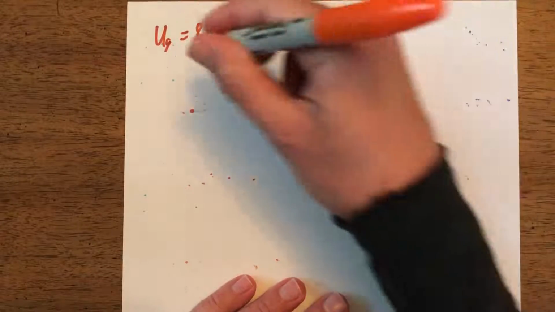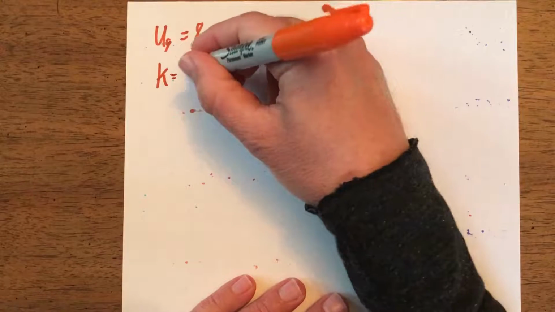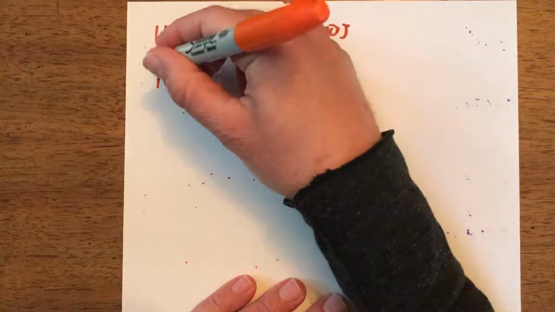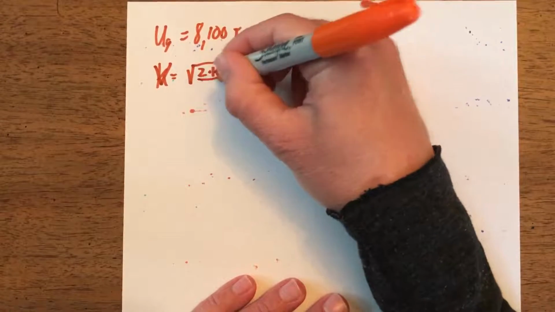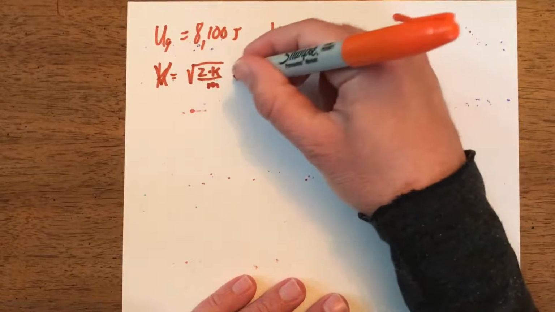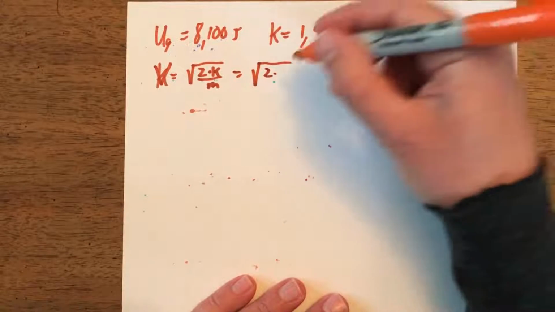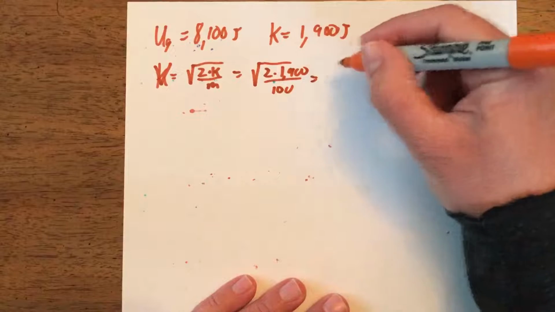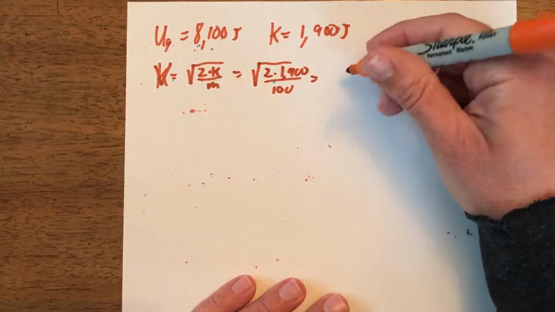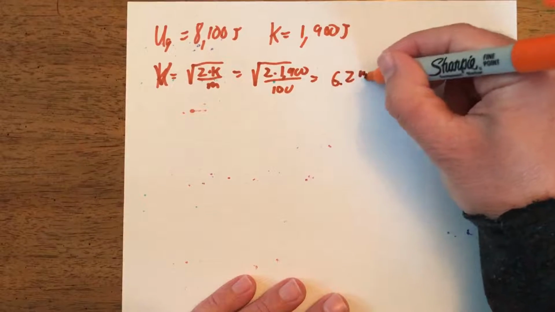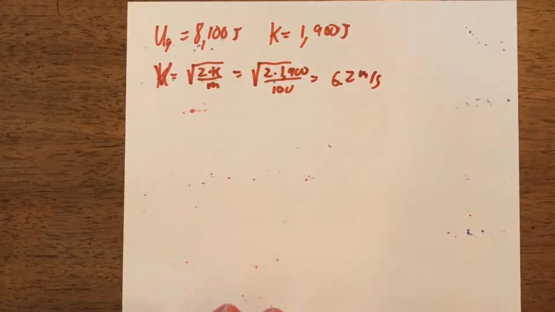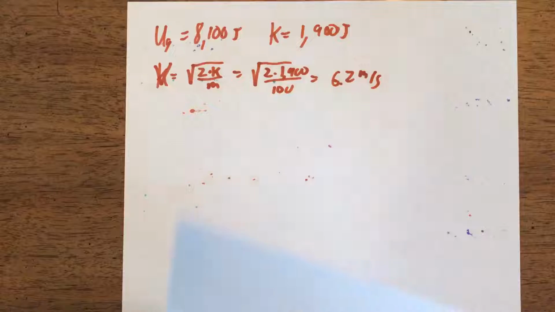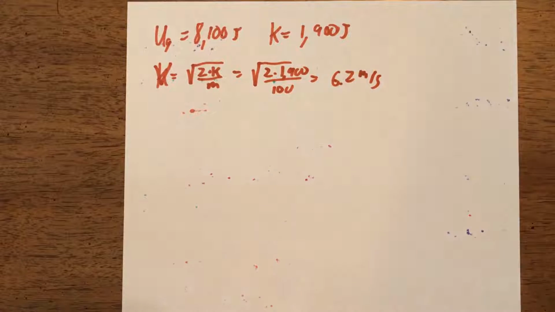So we'll plug that into the equation we built on the other page. Velocity is 2 times kinetic energy over mass, square root of all of that. So we'll do 2 times 1,900 divided by 100, and we will get for his velocity about 6.2 meters per second.